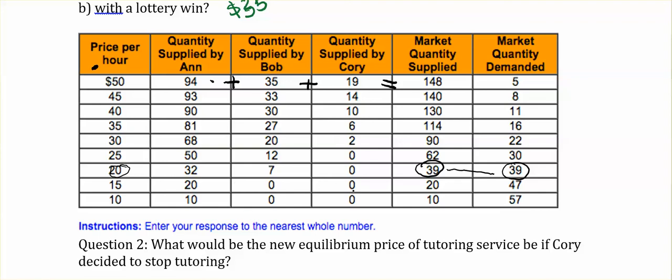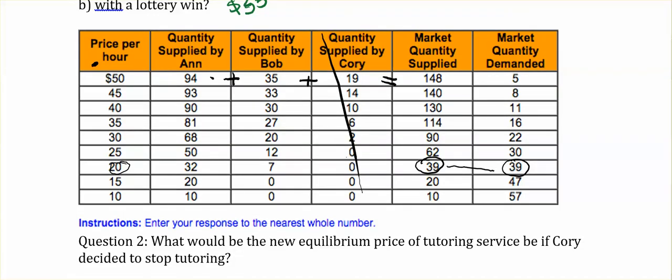Now, if Corey decides to stop tutoring, this supplier disappears. So we need to calculate the new market quantity supplied. You do the same thing except not adding Corey.